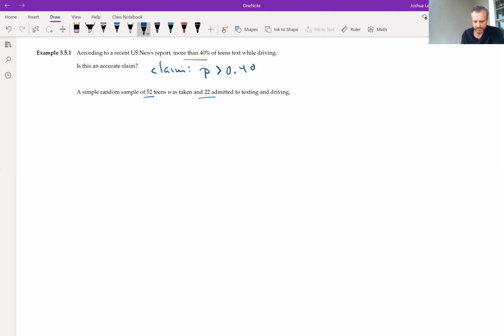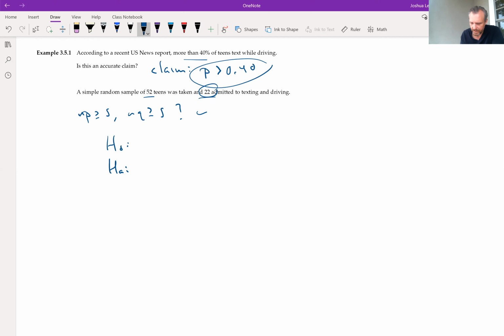Now, NP greater than or equal to 5, NQ greater than or equal to 5. Well, yeah, right, we got 22 successes, which means we have, what, 30 failures, so we're good. Okay, now, I have my claim. Let's set up our hypotheses.